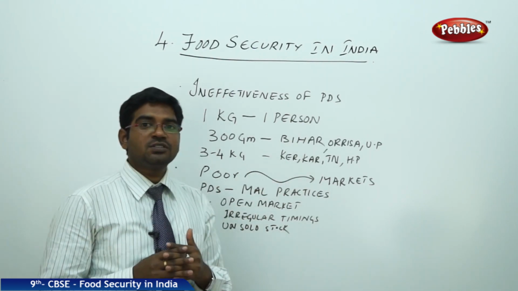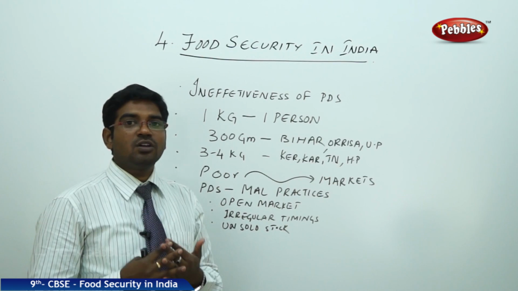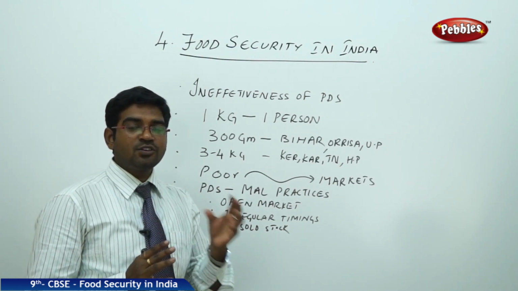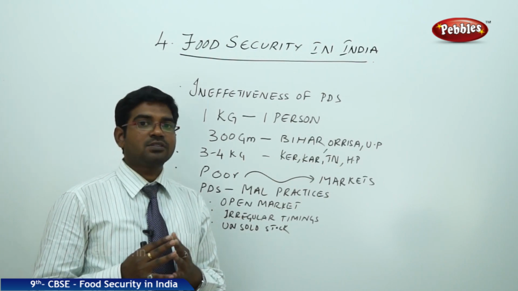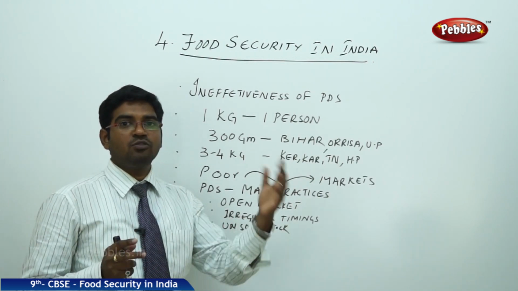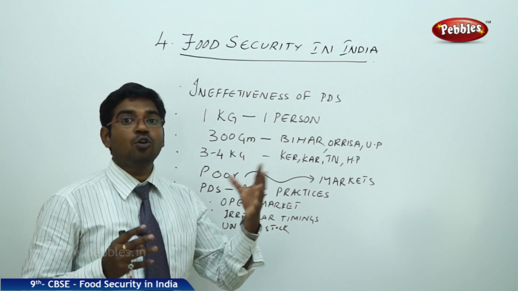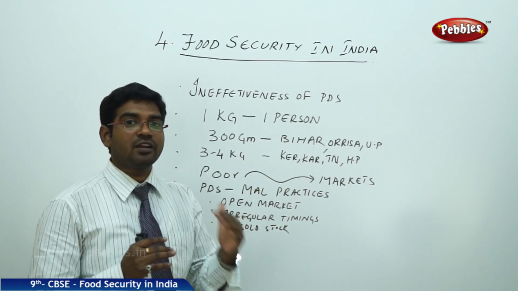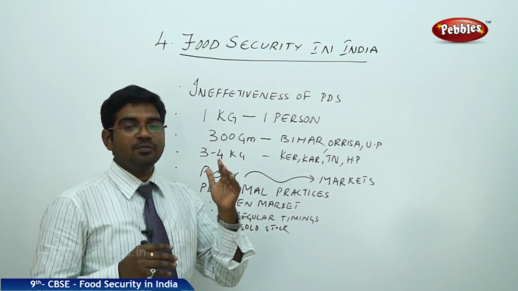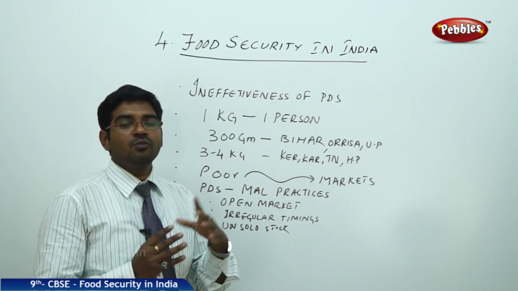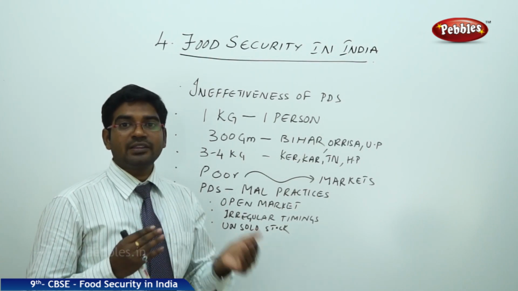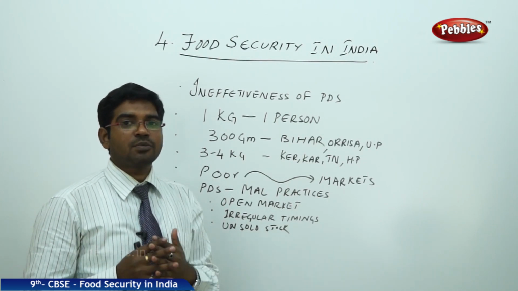And in public distribution shops, or ration shops, or fair shops, the dealers and distributors always try to play malpractice games, like selling the stock in the open market so that they can get more margin, and they open the shops at irregular timings, like daytime from 11 o'clock to 1 o'clock, when most of the people will be working somewhere, so they may not get the time to come and take the product and go.